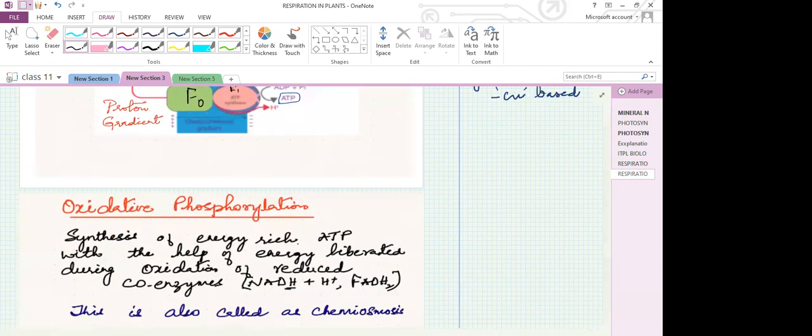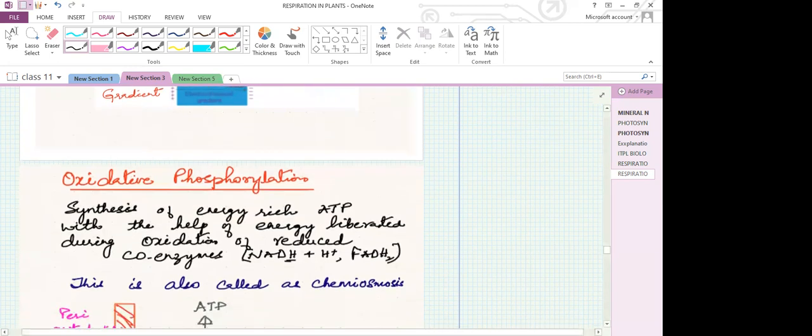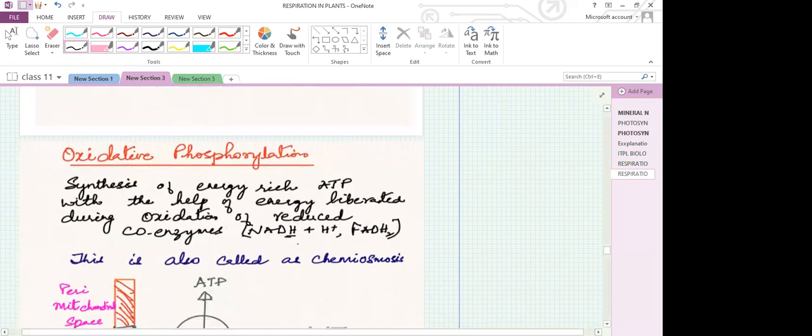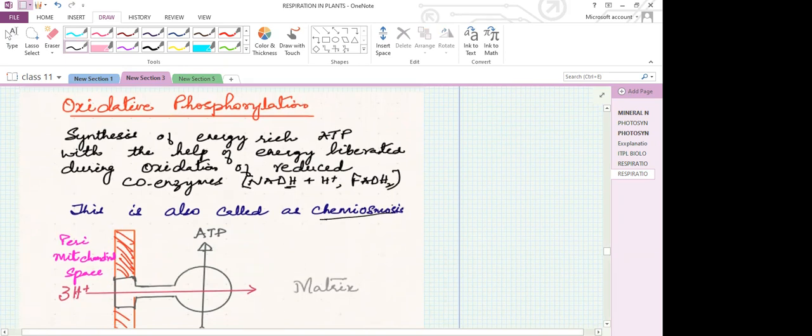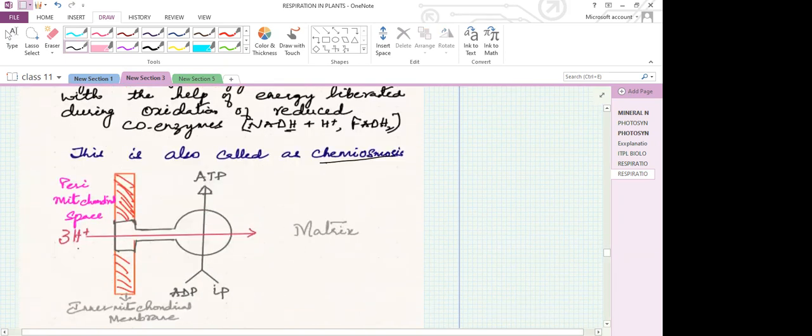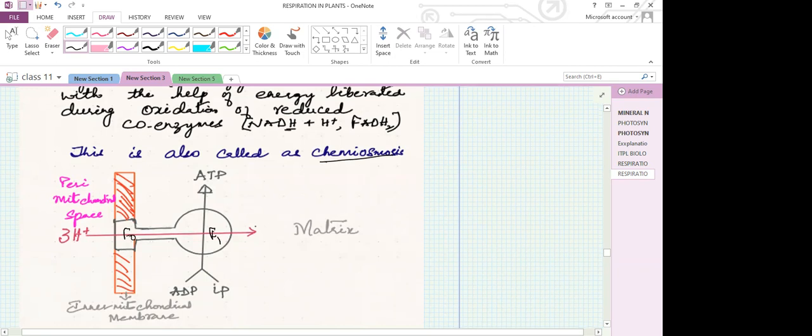With the help of energy formed during oxidation of reduced coenzymes. Hence, this is also chemiosmosis according to Peter Mitchell. For every 3 hydrogen protons pumped, 1 ATP is released. This is F0, embedded in the channel, and this is F1, acting as ATP synthase.